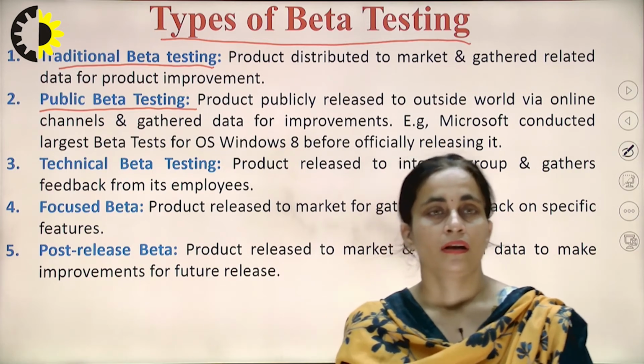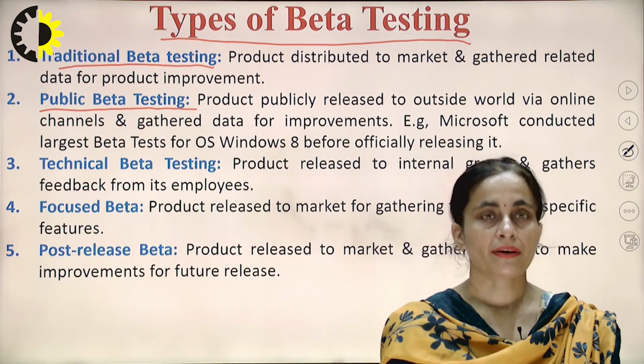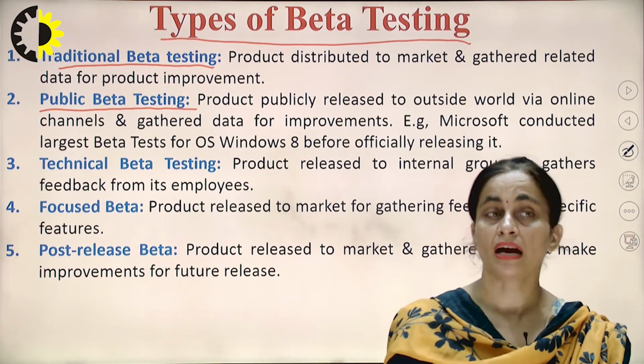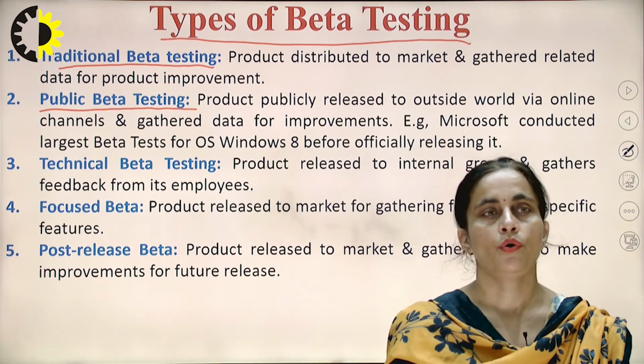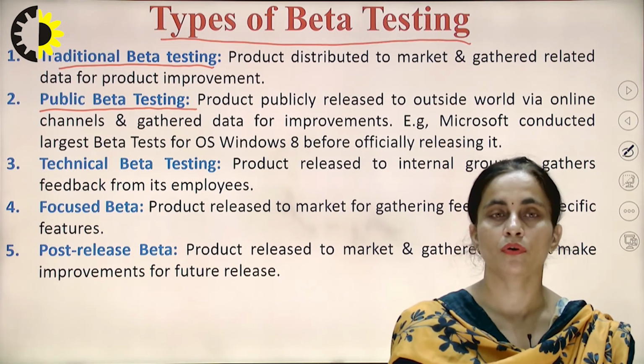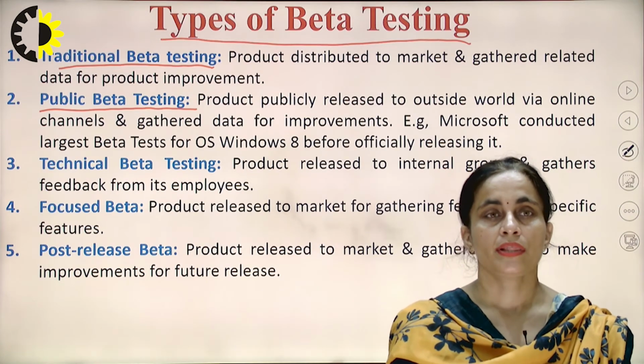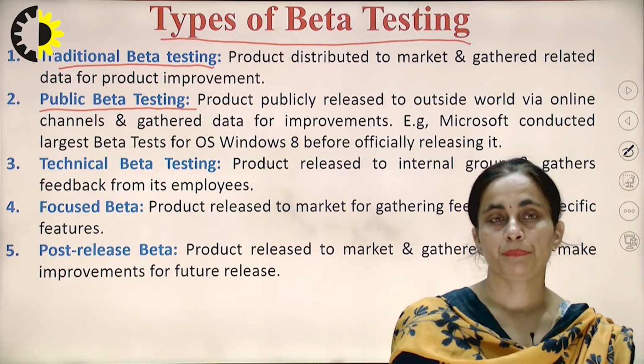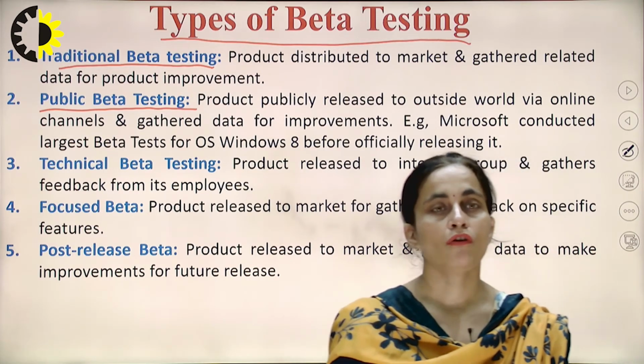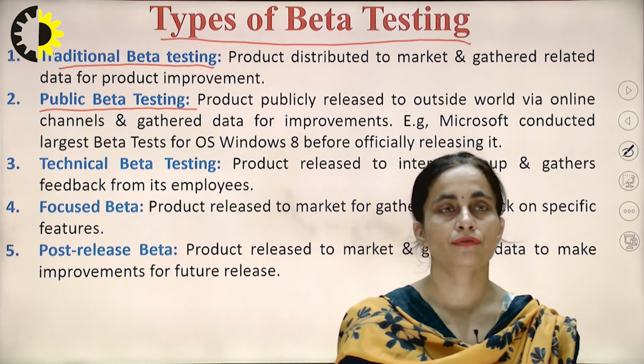Generally, take the example of Microsoft. It conducted the largest beta test for the Windows 8 OS before officially releasing it. Generally, what companies do is public beta testing before officially releasing any kind of software.